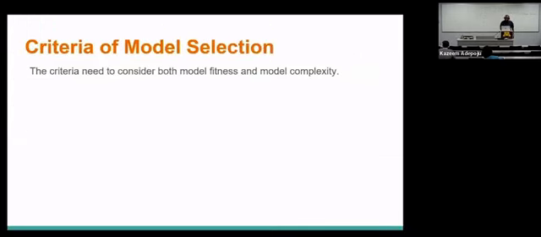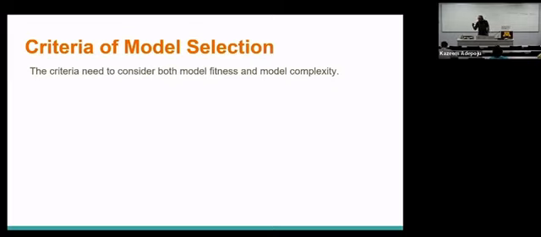If that cannot be trusted anymore, now take a look at this. Because of that, what is the criteria of module selection? What did I say? It should be the one that considers both module fitness and module complexity, not only module fitness alone.